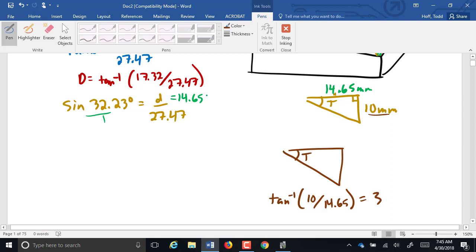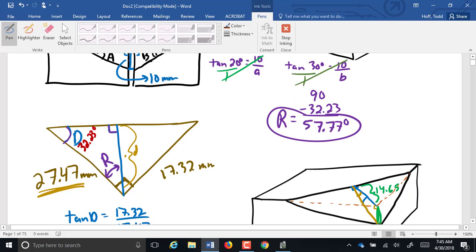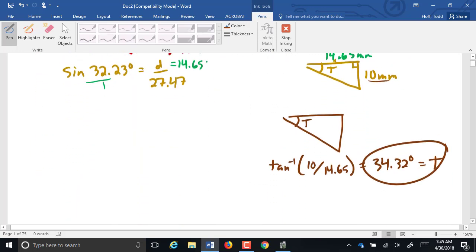That gives 34.32 degrees. That's my tilt. So I have to rotate it that 57.77 degrees, and then tilt the table 34.32 degrees.